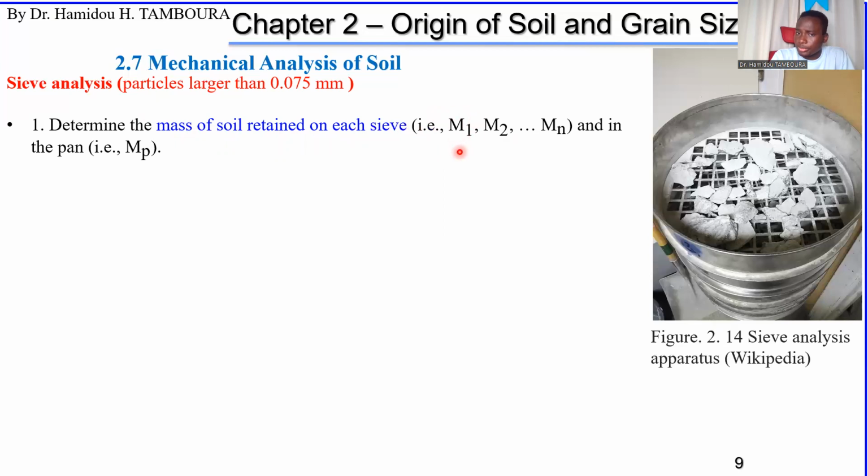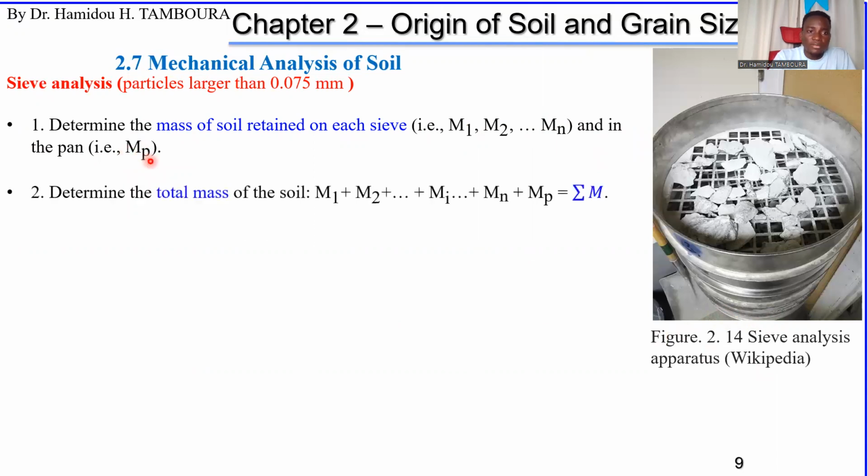For example, sieve number, let's say 1, but of course this is not the true number of the sieve. Let's say M1, M2, up to Mn. And the pan at the bottom, which is at the end, we call it MP. After that, the next step is we can obtain the total mass.